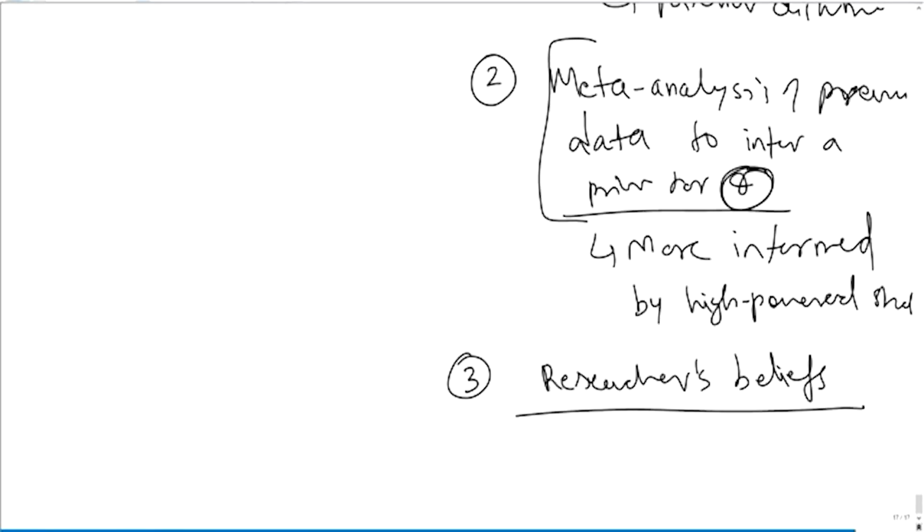It could be your belief, a skeptic's belief, or some opponent researcher's belief, right? Some researcher committed to some theory one. So let's say some researcher believes that beta has to be somewhere between 10 and 30. Okay, so that's a researcher's belief. This is the third way in which you can specify priors.